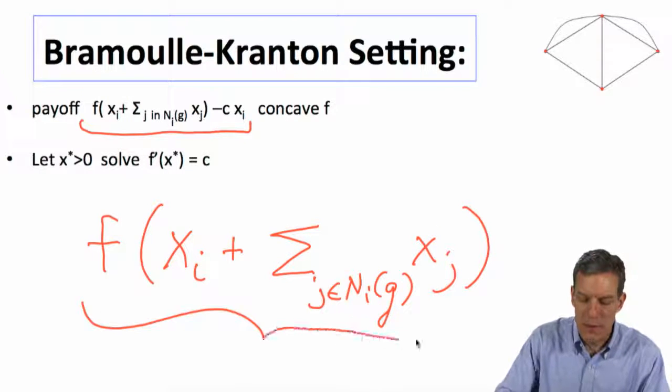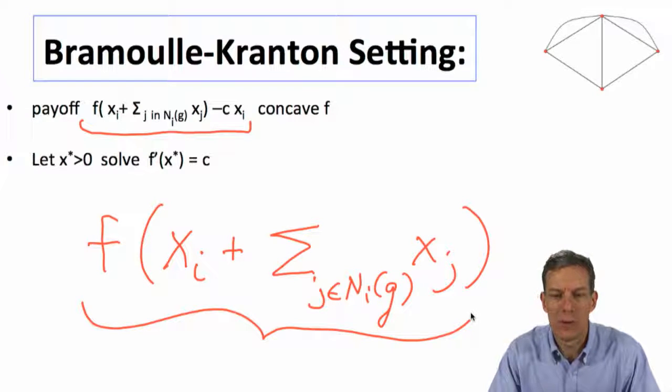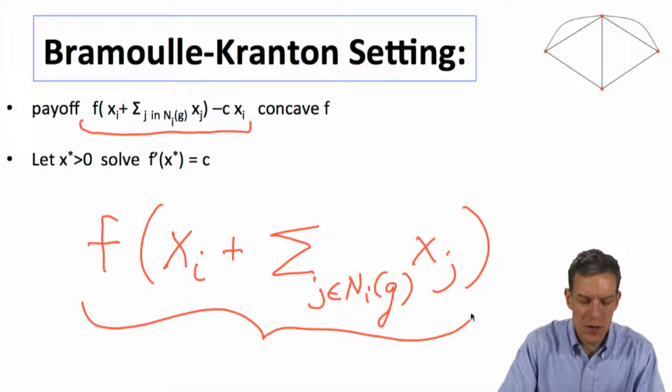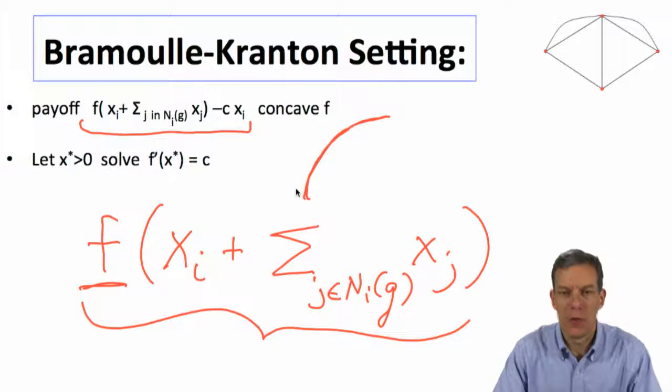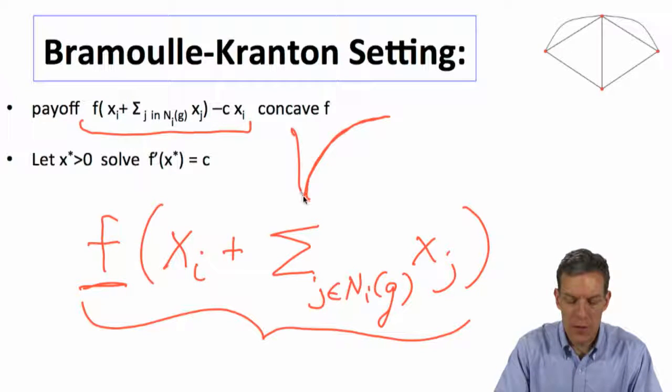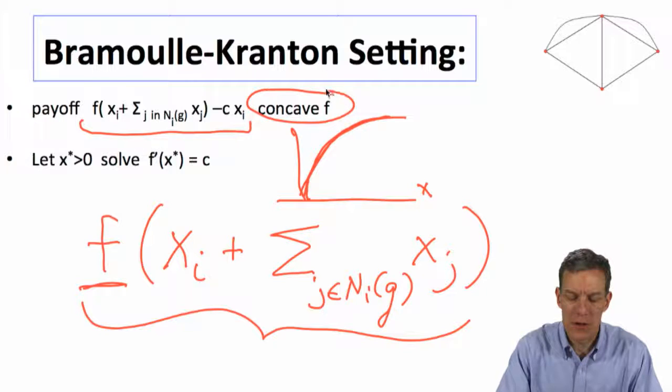You get some benefit from the overall level of public goods that's being done. And generally, this is going to be a concave function. So initially, there's high benefits to this, but it is going to tail off with the level. So as we think about the total level that's being provided, the total level of the sum of x's, as it goes up, we're going to think of this as being a concave function.